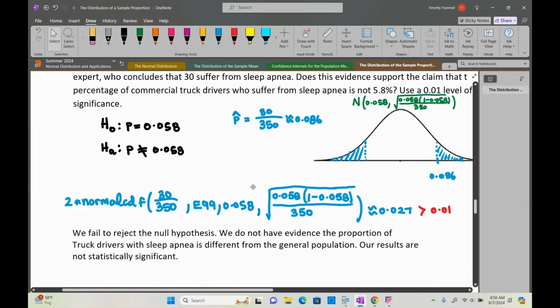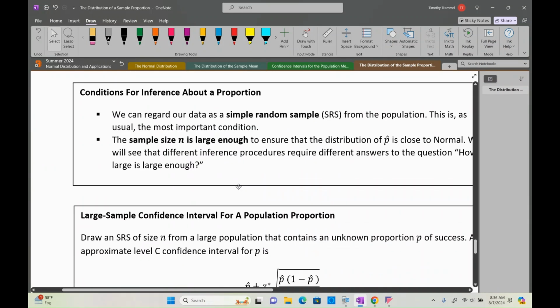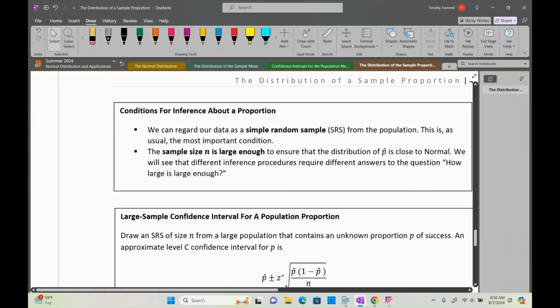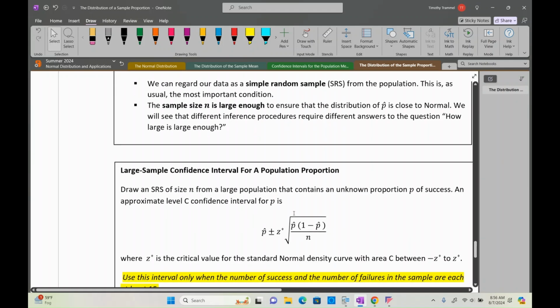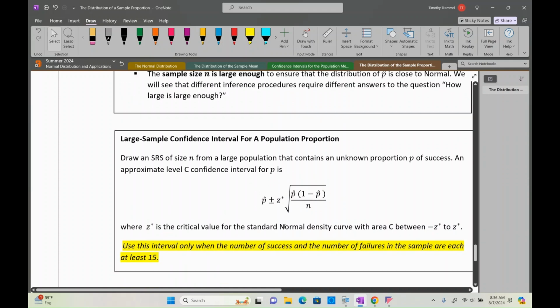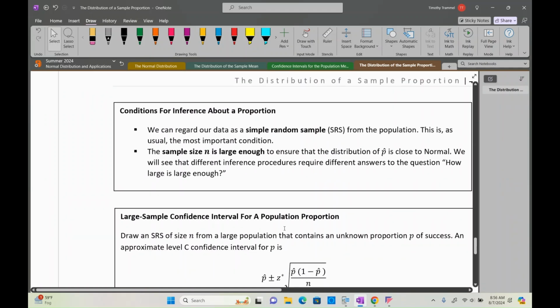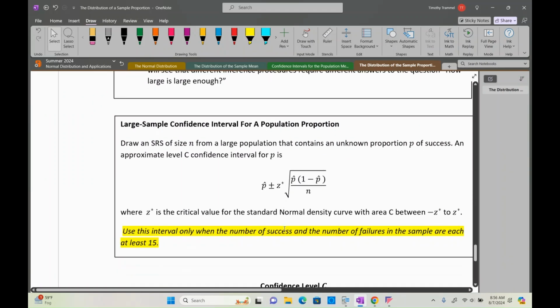All right. So there's one more thing that we need to talk about, and that is confidence intervals. So we have a couple things to say about them. So, for one, of course, we have a formula that we're going to want to talk about, but also we need the sample size to be large enough again.